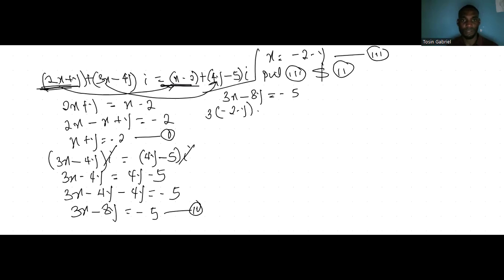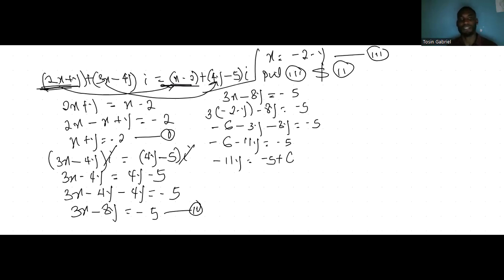Then there's minus 6 minus 3y minus 8y equals minus 5. We have minus 6 minus 11y equals minus 5. We have minus 11y equals minus 5 plus 6. Very simple. We have minus 11y equals 1. Then y will now be minus 1 over 11. That's your answer. You simply divide both sides by minus 11.